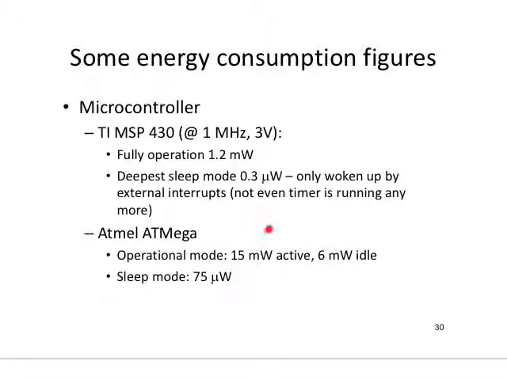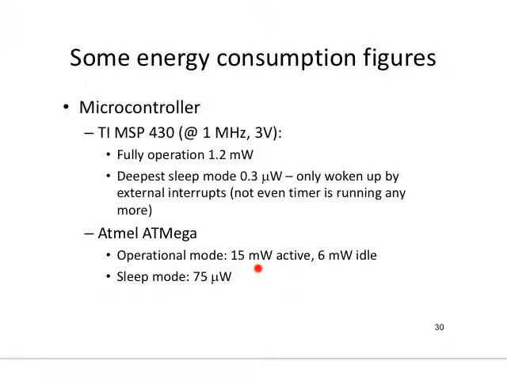The Atmel with 6 levels of sleep mode draws 15 milliwatts in active mode, 6 milliwatts in idle mode, and in sleep mode it's 75 microwatts. So by far, the Atmel one consumes more energy.